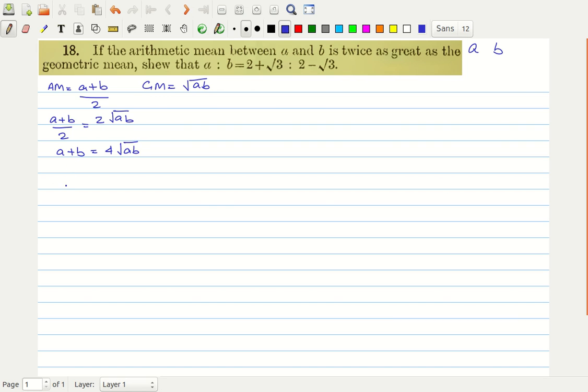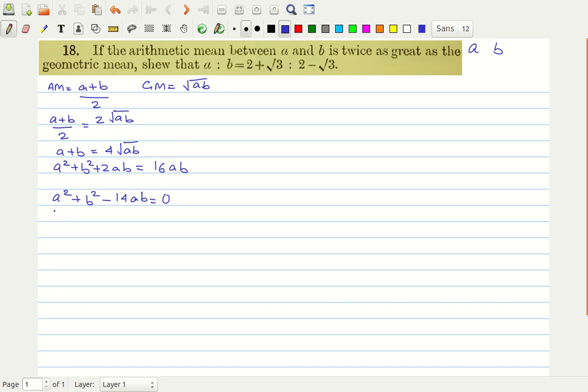and this means that (A plus B) square, or A square plus B square plus 2AB should be equal to 16 AB, and therefore what we get is A square plus B square minus 14 AB is equal to 0.